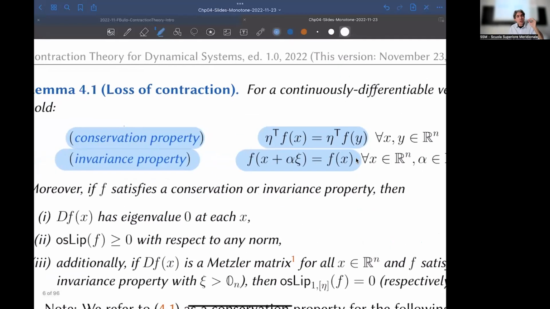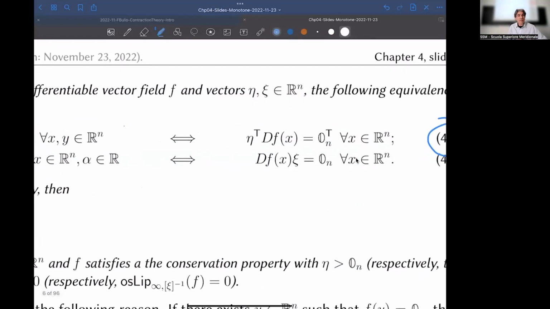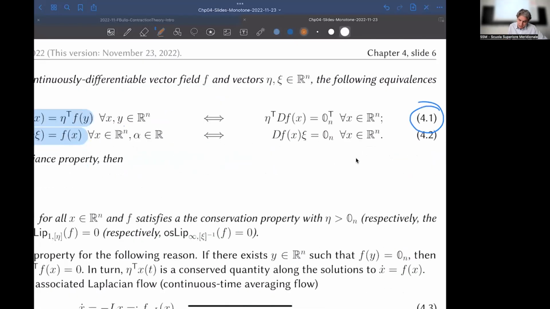Now, how can we easily see that both of these properties, conservation and invariance, lead to a loss of contractivity? How can we do that? It's actually very easy. Take a round of derivatives of both equations. And in fact, you can go back and forth with the mean value theorem, and you will easily see that conservation of mass implies eta transpose Jacobian equal to 0.